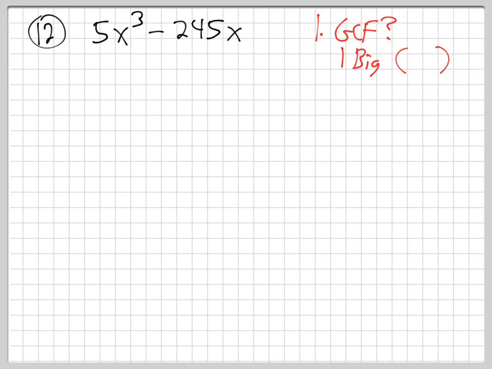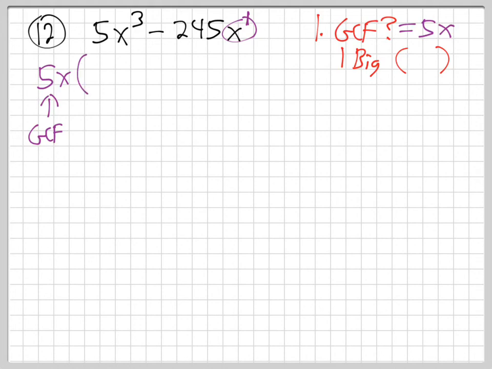So what number goes into both those? 5 and x, right? Because that's lower than x cubed, x to the invisible 1 power. So 5x is the GCF. Is everybody seeing that? So you find out what number divides into 5 and 245, it's 5. And then you take the lowest power, which is just plain x, x to the 1.